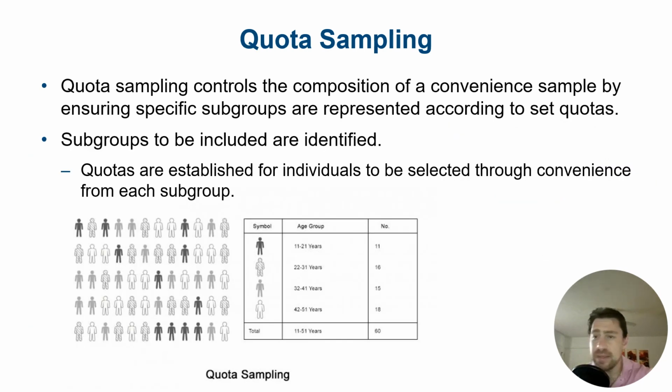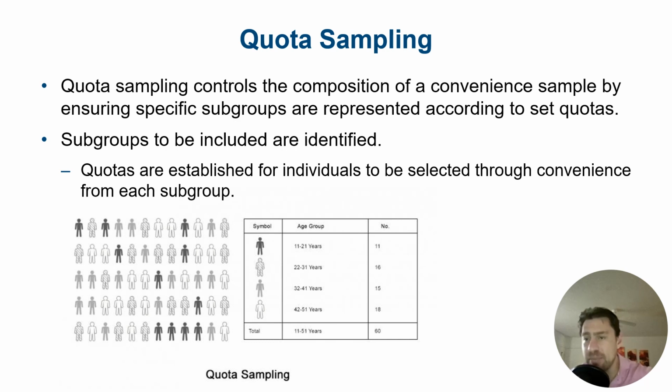And finally, there is what is called quota sampling, which is similar to proportionate stratified sampling, but you are still using convenience sampling, and so the sampling is not random. And so in quota sampling, you use quotas such that your sample ends up having the desired characteristics, whatever those are.